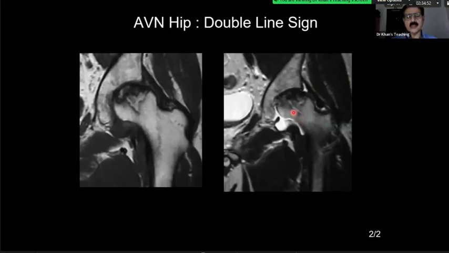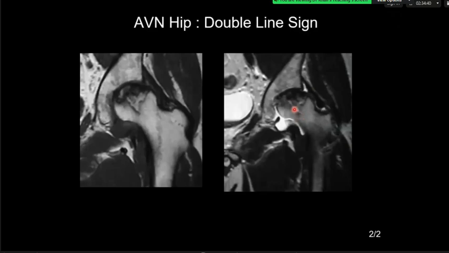So these two lines, the answer is quite simple. The first line is the interface between normal and abnormal bone. So from here, the infarction, the avascular necrosis, commences. And the second line, the high signal intensity line, is because of granulation tissue.